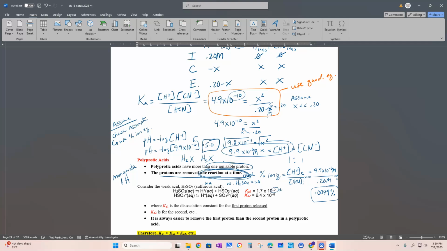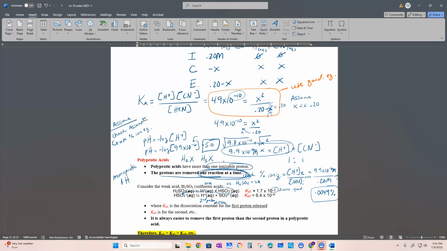That's going to dissociate pretty well, without doing the math. Then I take that product, I react it with water, and I do it again. I take the second proton, it dissociates, and then I'm left with the polyatomic ion, no more hydrogens. So there is no Ka3 because I'm out of hydrogens.